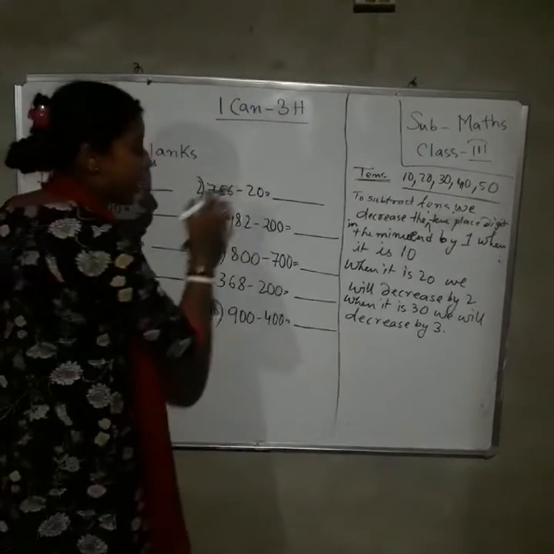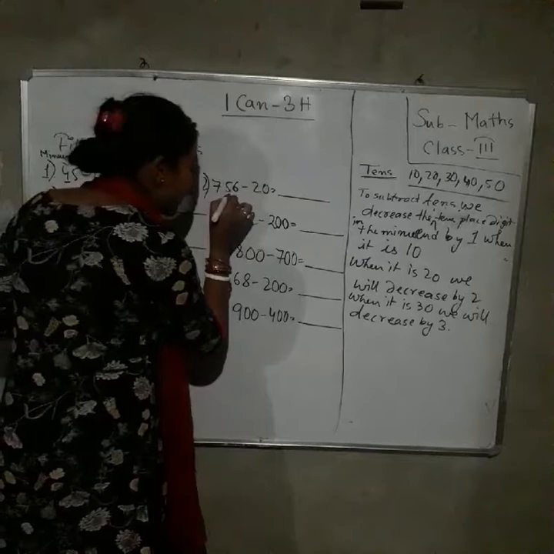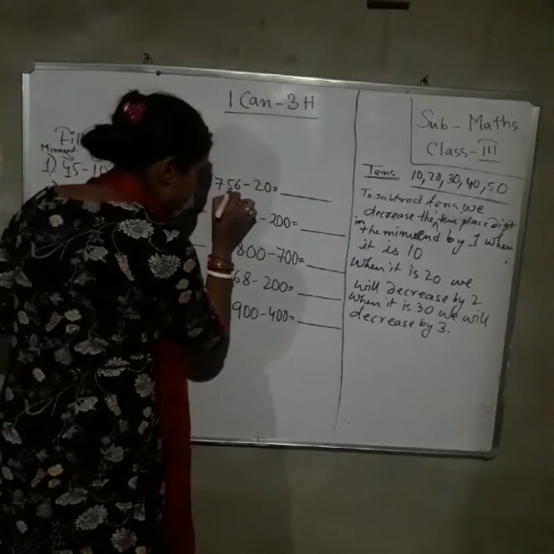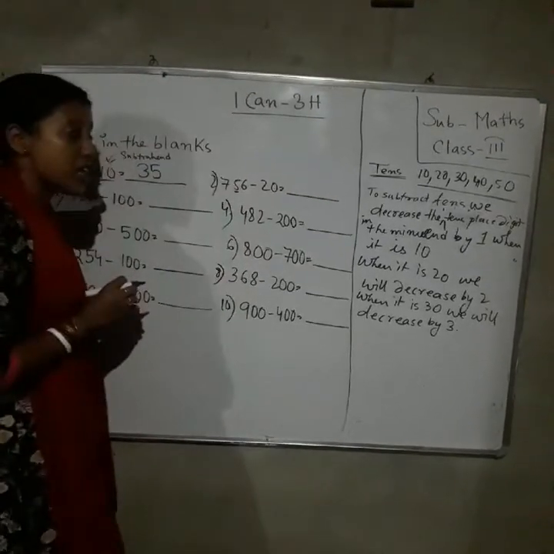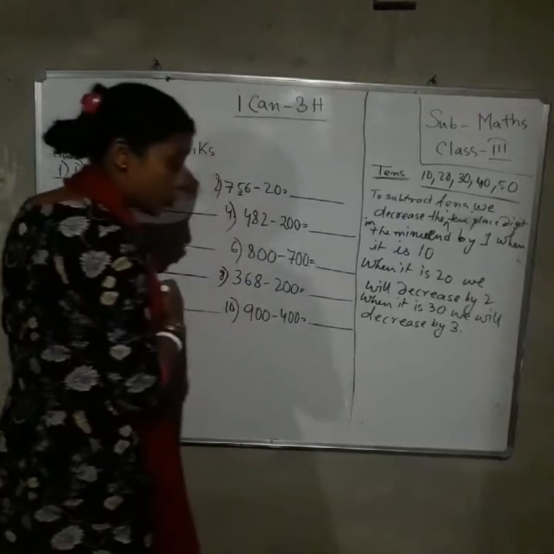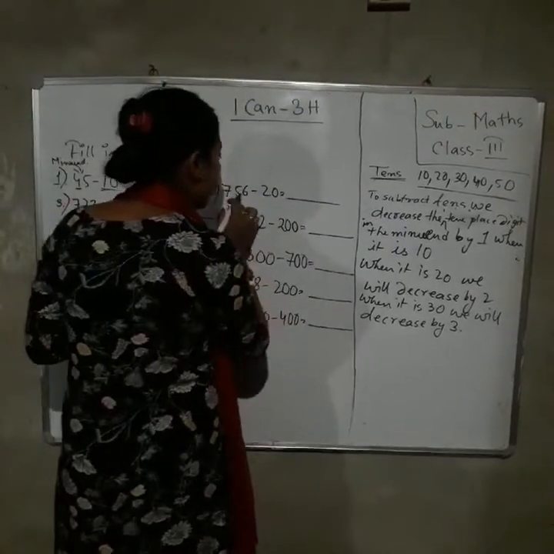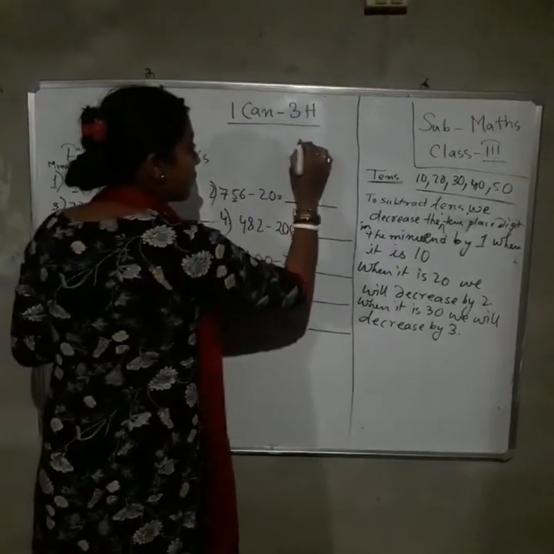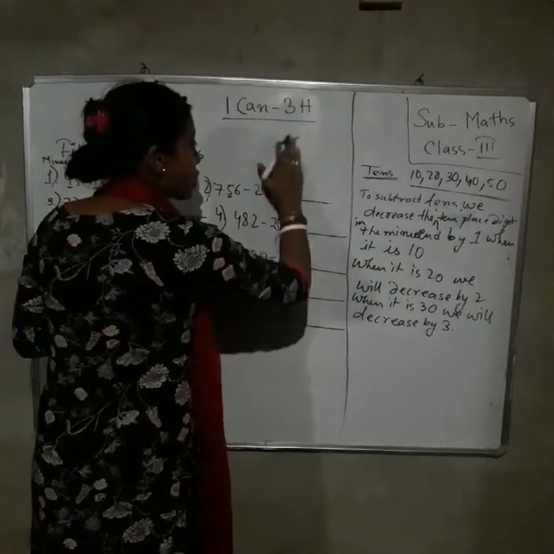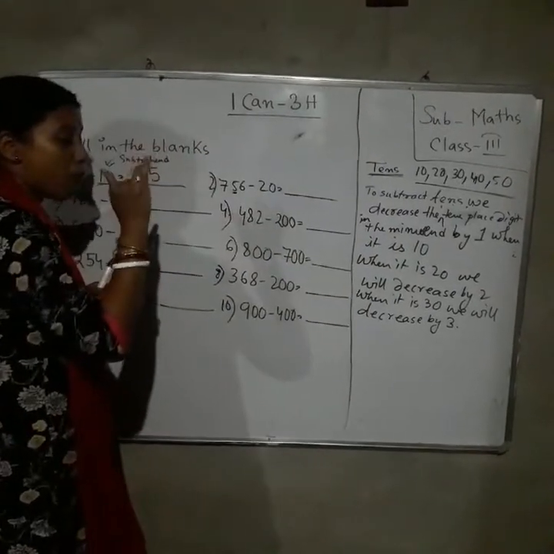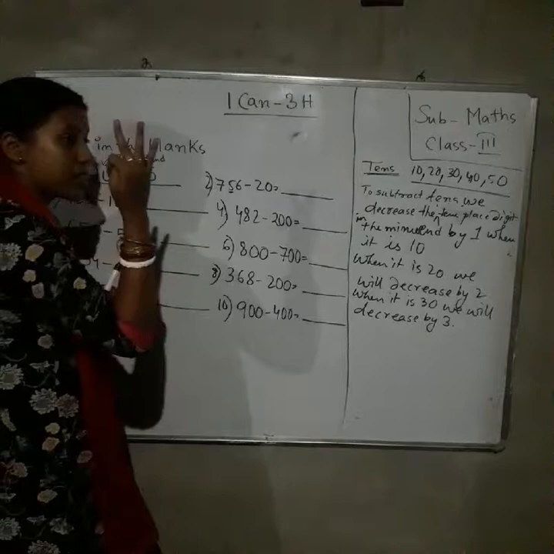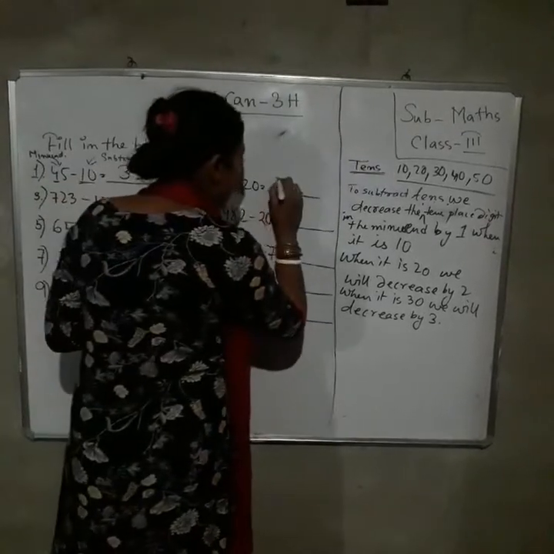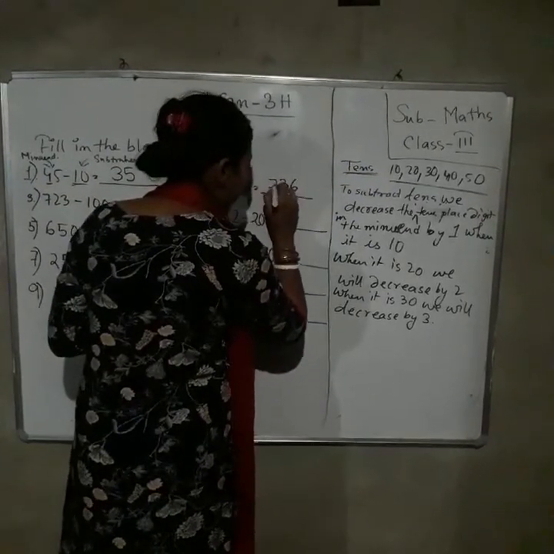Then when it is 20, we will subtract 2 from the tens place digit. So 5 minus 2 is 3. So your answer is 736.